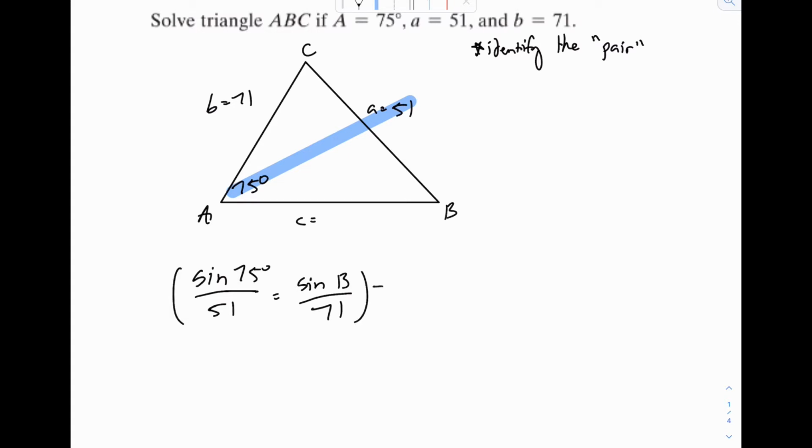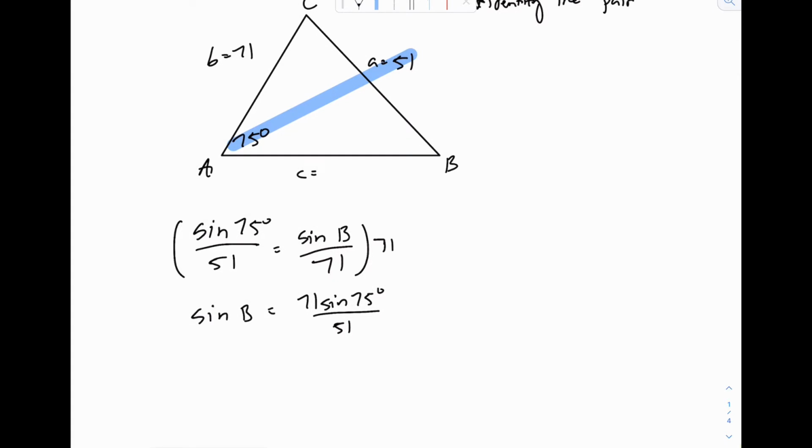Let's multiply both sides by 71. So sine of B is equal to 71 sine 75 degrees over 51, which means B should equal sine inverse of 71 sine 75 degrees all over 51.